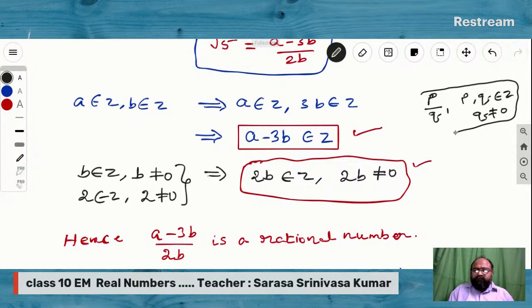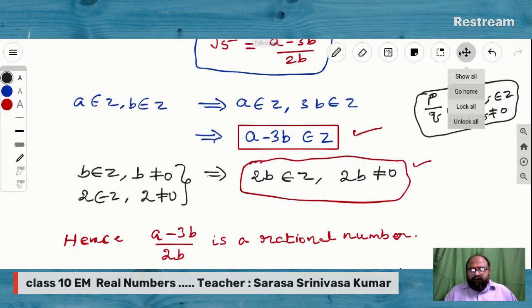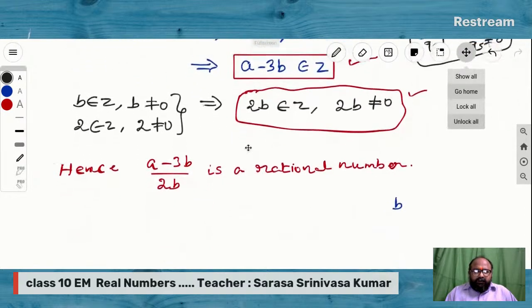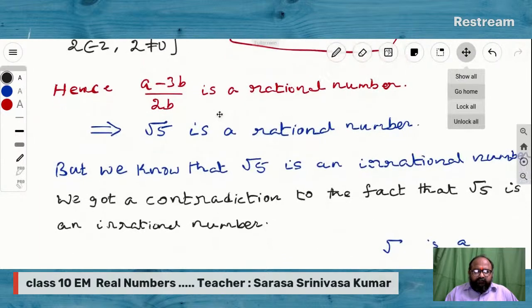So this is the definition of a rational number. By applying the definition of a rational number, we can conclude that a minus 3b by 2b is a rational number. So by our mathematical argument, we proved that the right hand side term is a rational number.